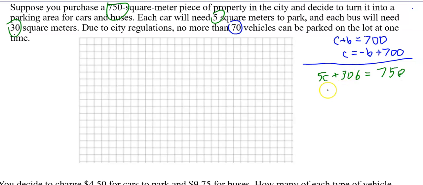So what you want to do is solve that one for C. So we get 5C equals negative 30B plus 750. Divide by 5, C equals negative 6B. I think that's 70 when you divide by, does that make sense? Let's see. No. Maybe 150? 150 times 5. Okay, so plus 150.